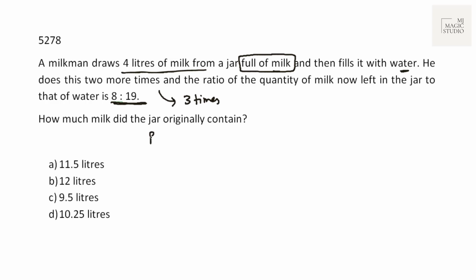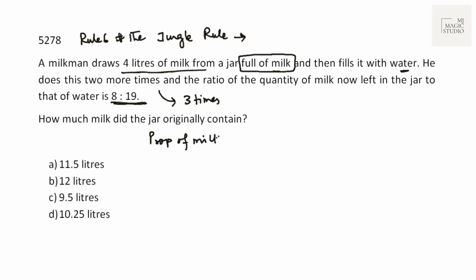Okay, so we know the drill. To dwell deeper into this formula, please go through Rule 6, the jungle rule. Link is there in the description. Jungle rule, that is replacement of mixture.